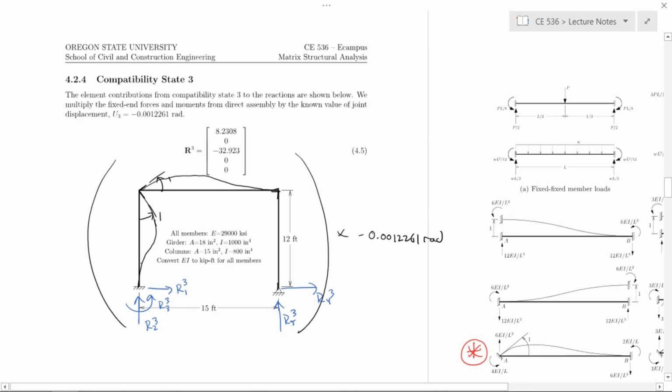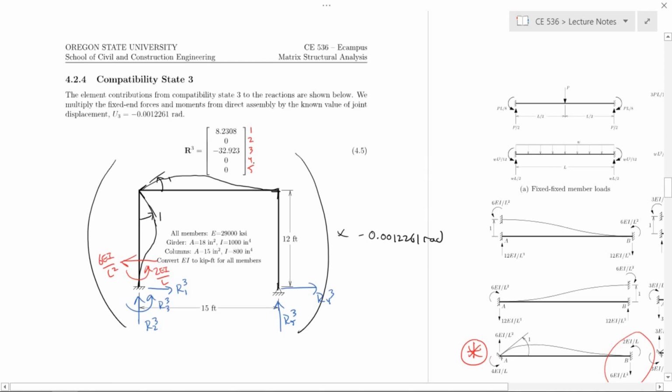But just looking at the locations where we have contributions to the reactions, 2EI over L and 6EI over L squared. Okay, so really we're looking at this end for the column. All right, and there's some stuff going on in the girder, of course, but none of that's going to assemble into the reactions. So we have 1, 2, 3, 4, 5 reactions.